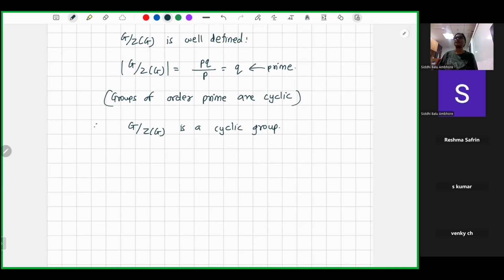Does this remind you of something which we did last week? This will imply that G is abelian, right? We proved this last time: if G mod ZG is cyclic, then G is abelian too.